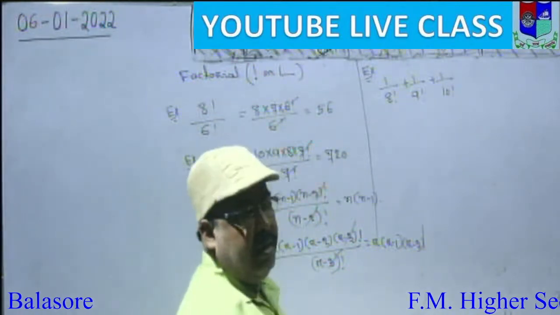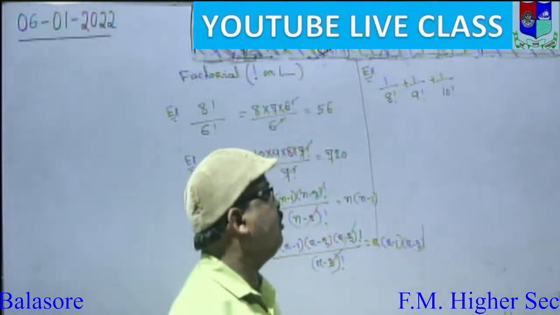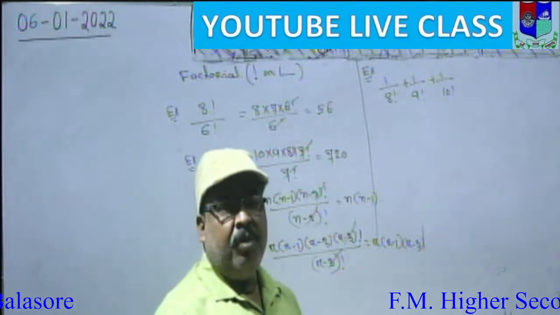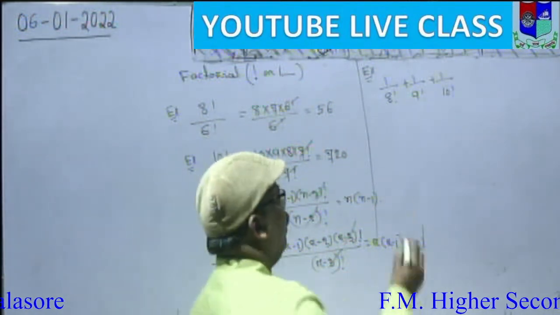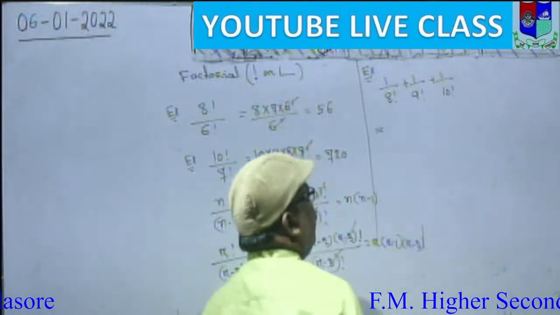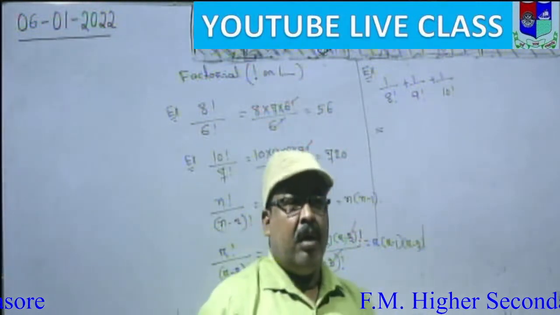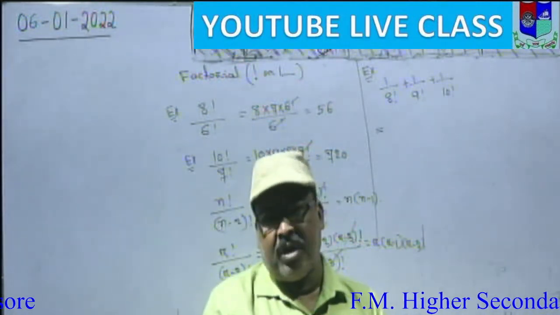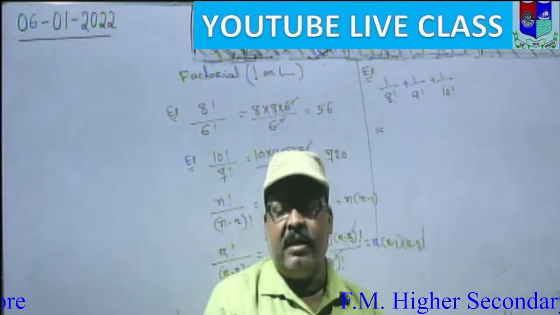How can we add these three fractions? By using this factorial. Previously we know, in the case of addition or subtraction, we have to take the LCM.